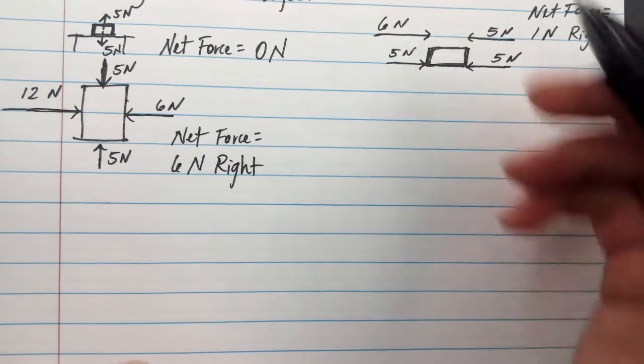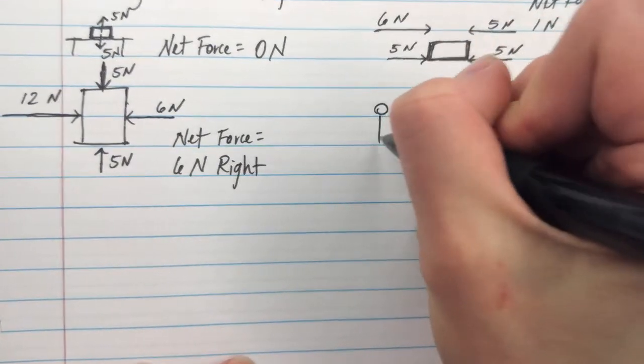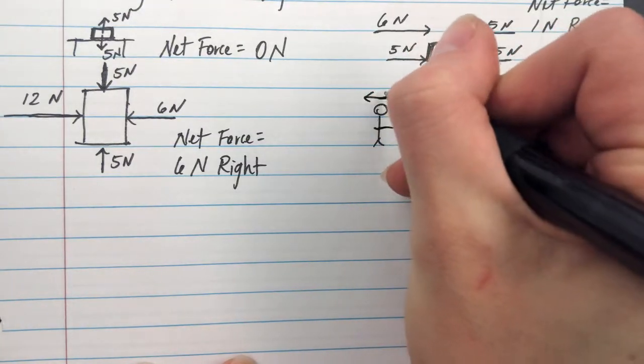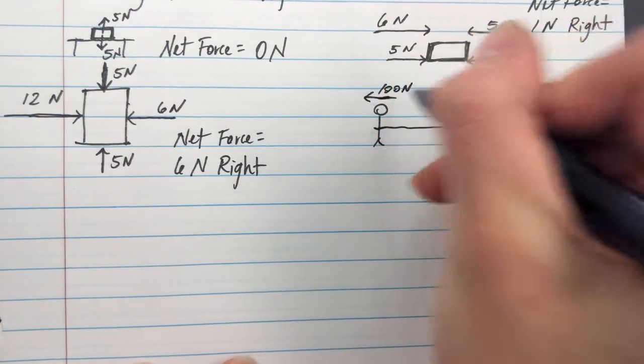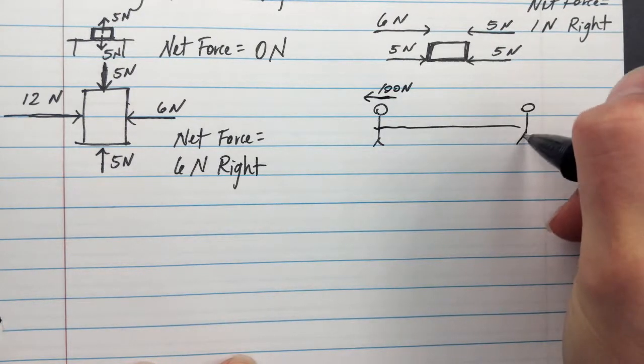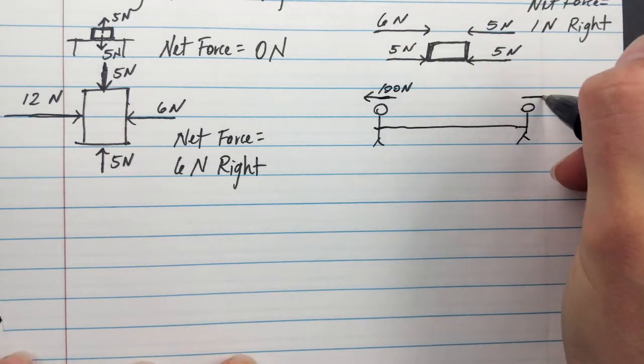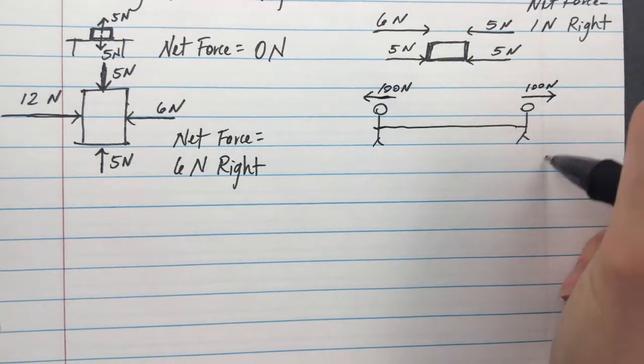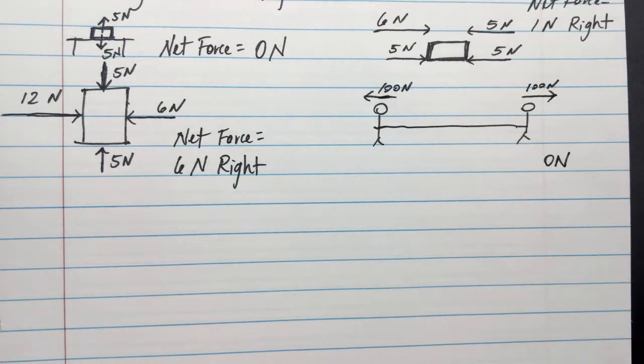Now, let's look at this person pulling a rope with 100 newtons, and this person right here pulling a rope with 100 newtons. What's the net force? 0 newtons. Everybody cool with that?